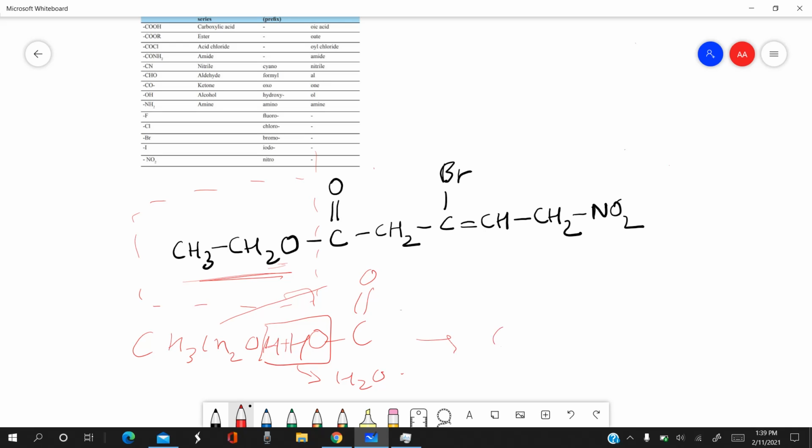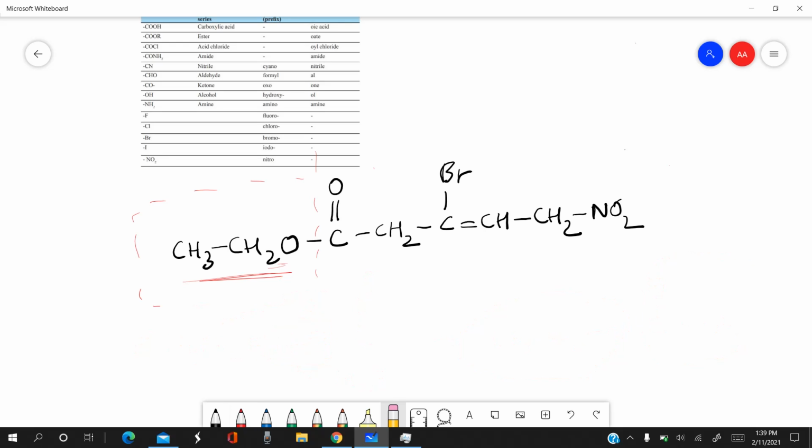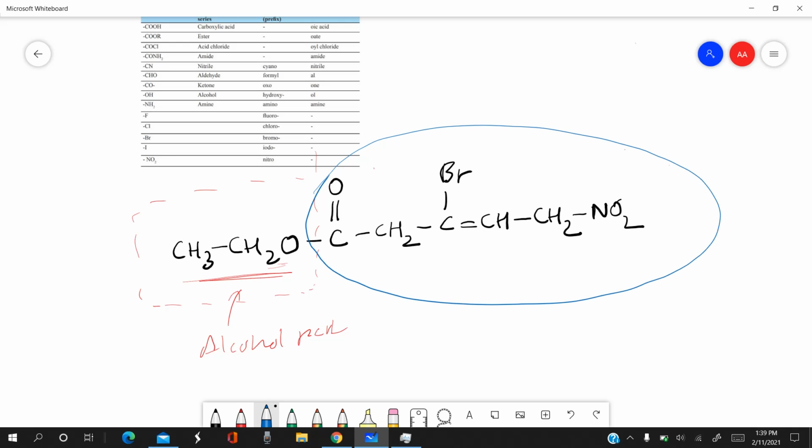So what happens eventually is there is a bond between the O of the alcohol and the C of the carboxylic acid. So that's how we find out that this part is from alcohol and the rest is from carboxylic acid. So in this molecule, this is the alcohol part and this part is from the carboxylic acid.